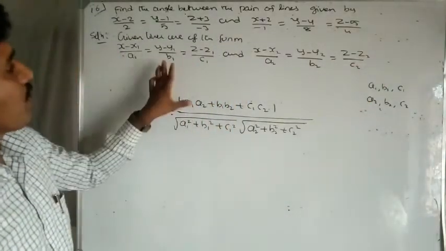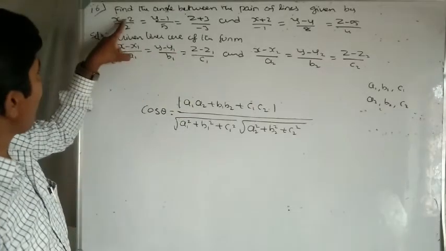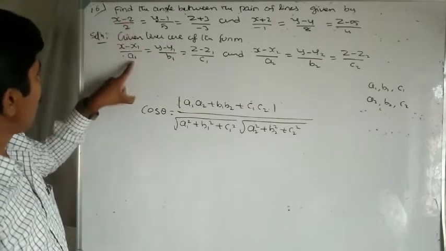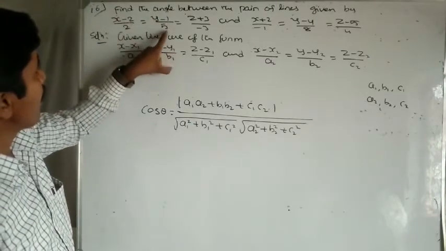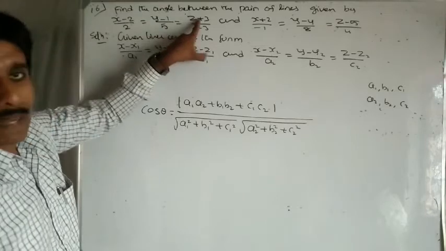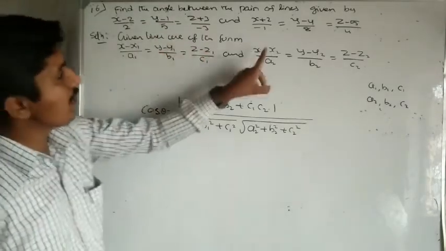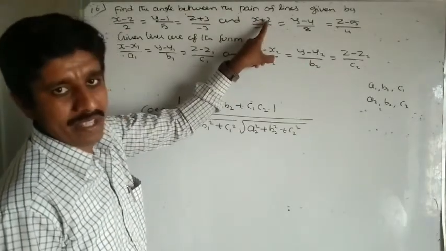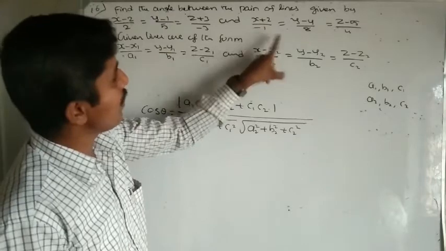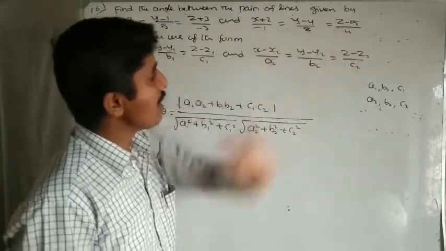First verify whether the given lines are in standard form or not. Here x minus x1 is x minus 2 by 2, y minus y1 by b1, z minus z1, you can write plus, minus into minus, no problem, by c1. For the second line, x minus x2 is x plus 2, by minus 1, then y minus y2 by b2, z minus z2 by c2.